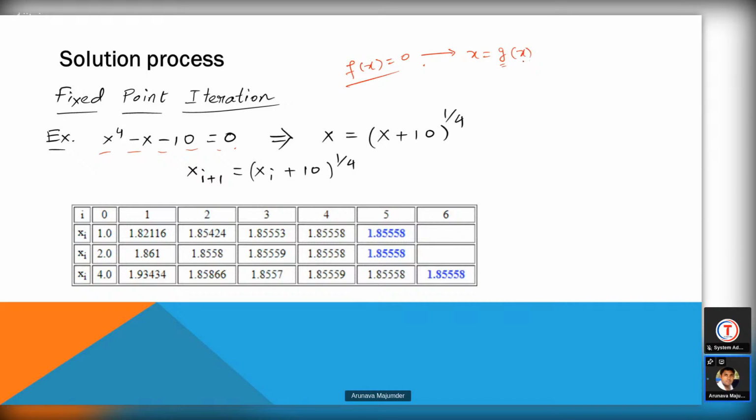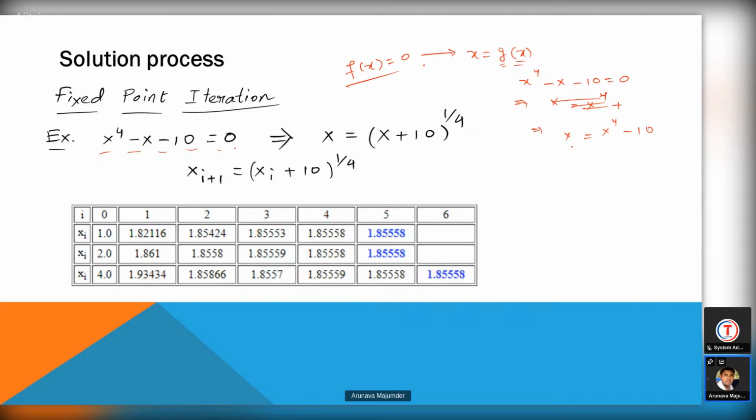G is any function of x, just like this. So look at this now: x to the power 4 minus x minus 10 is equal to 0. We can convert it like this: x is equal to x to the power 4 minus 10.